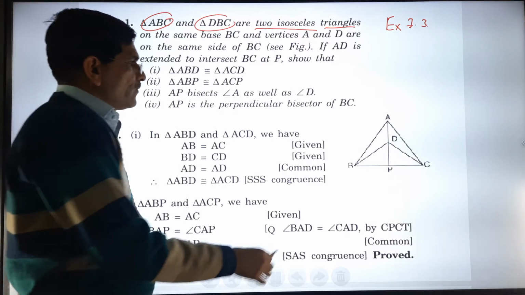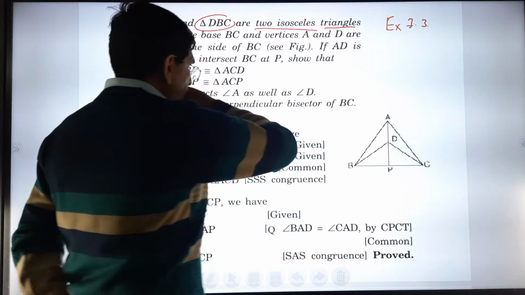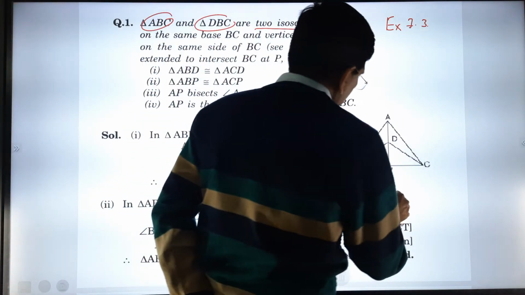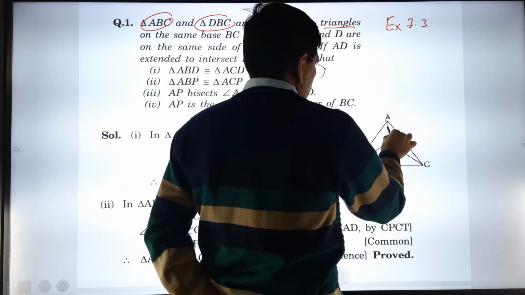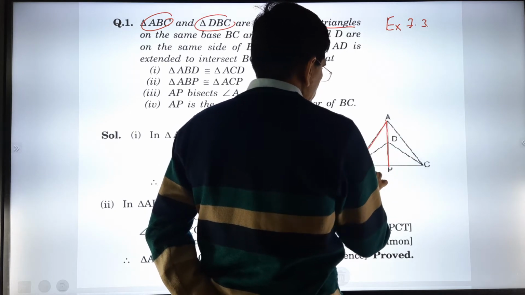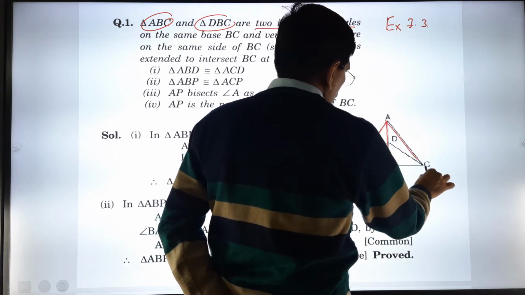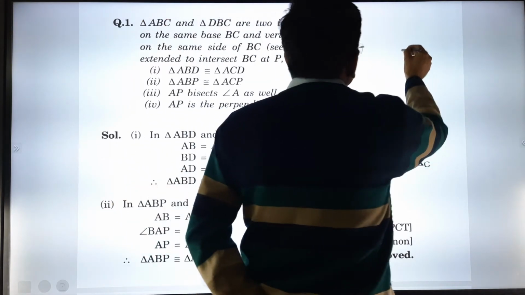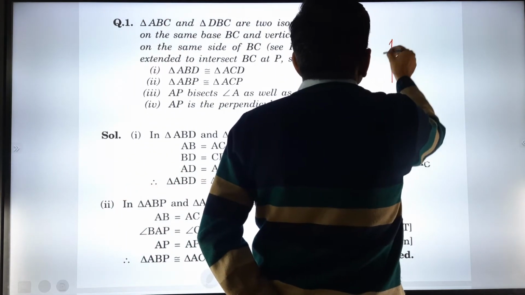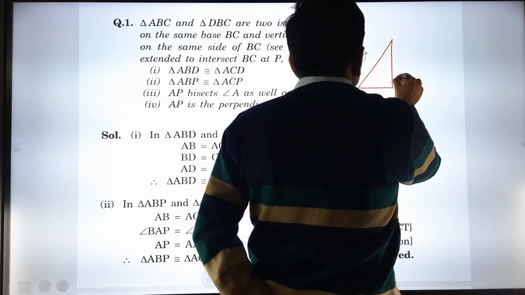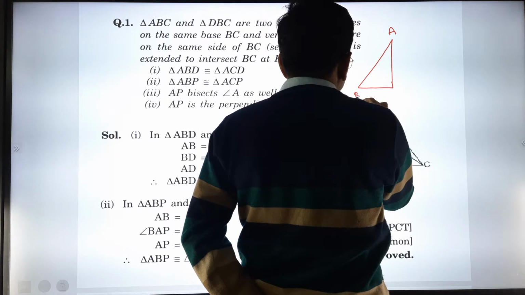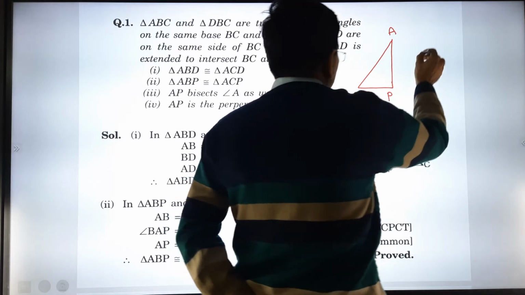You will see in the figure there is one triangle ABC. We can divide the triangle into two parts for explanation. Here A with B, and I have to write P here.